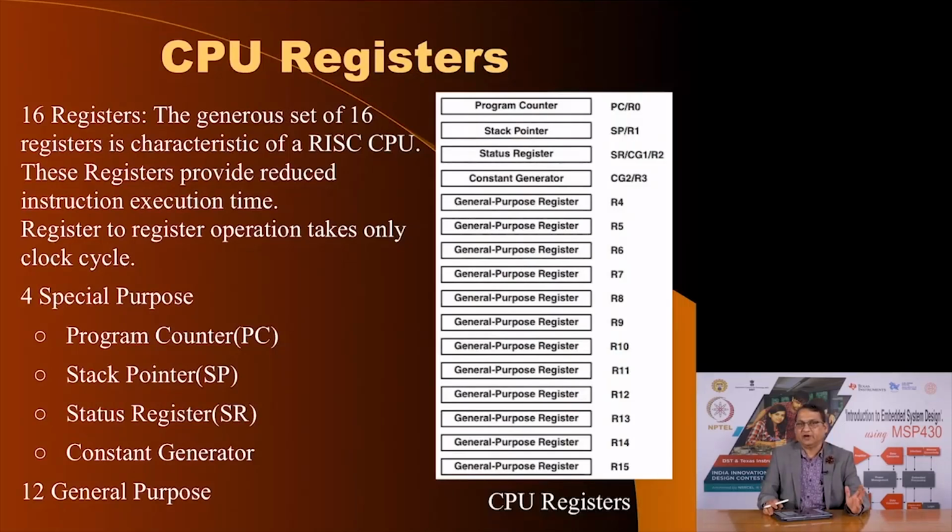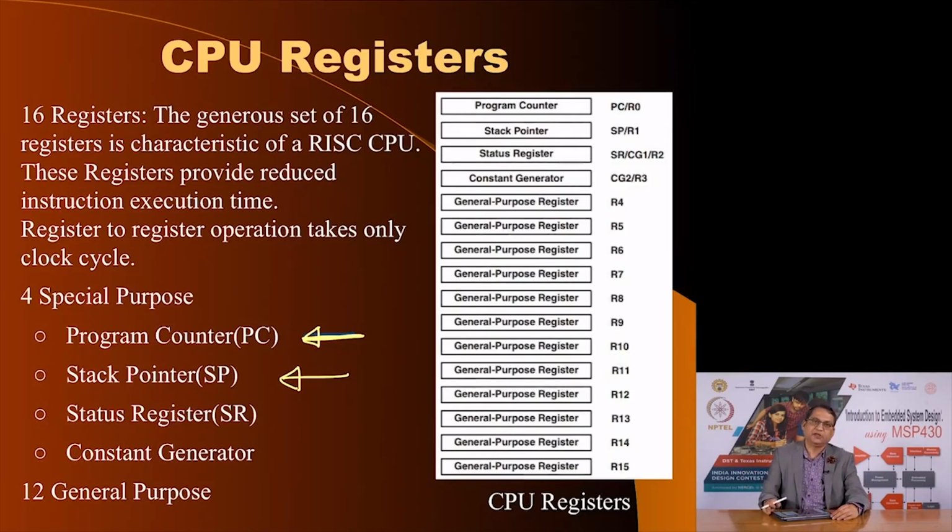There are 4 special function registers, which means out of these 16, 4 are taken off because they have a dedicated function. One of the registers is the program counter, which means the content of this register will tell you which memory location in flash the microcontroller CPU is fetching the current instruction from. The second register is the stack pointer, which tells you where the stack is located in the RAM.